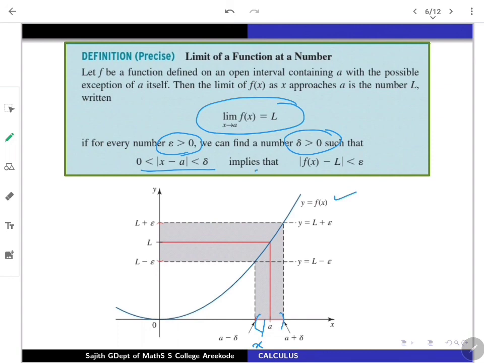Now, that will guarantee that the f of x value, for example if I am taking from here, will take me somewhere here. So my f of x is in between L minus epsilon and L plus epsilon. Whatever that epsilon supplied is, it is always possible to find a delta which gives this condition.